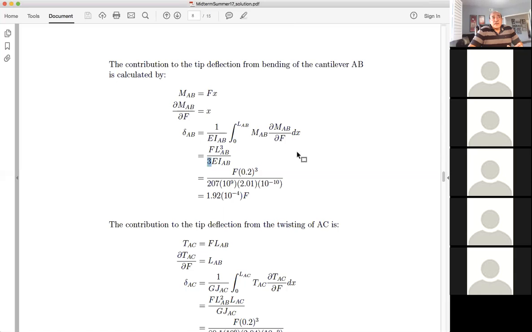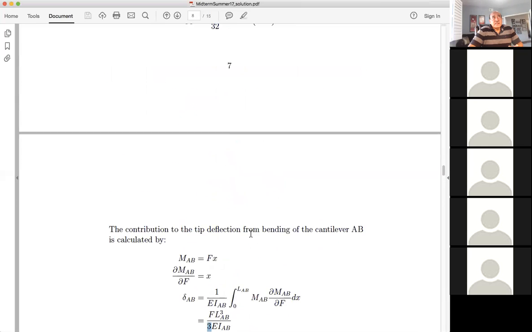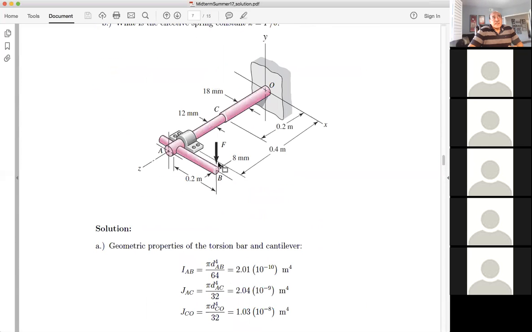Now the torques are different, because the torque is the force times L_AB, and F times L. So L_AB is fixed, so the torque along the tubes here is constant. If the torque were also a function of x, then we would have to do some integration with respect to x.